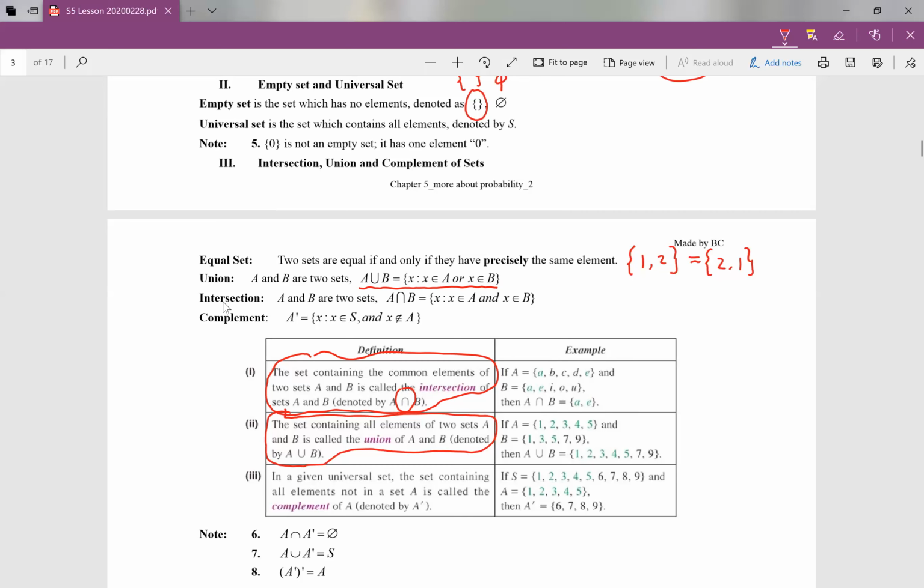Let's take a look at the definition of intersection in symbol. If you do not want to write a whole paragraph of the definition, A ∩ B is equal to the set of x where x belongs to A and at the same time x belongs to B, meaning that I should take out all the elements that belong to A and B and put them together.